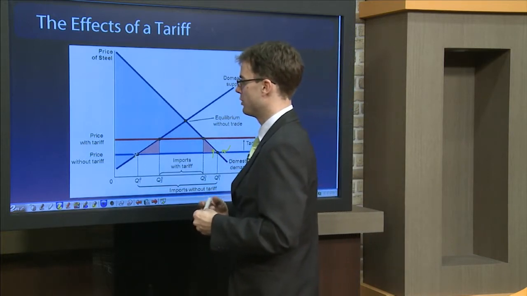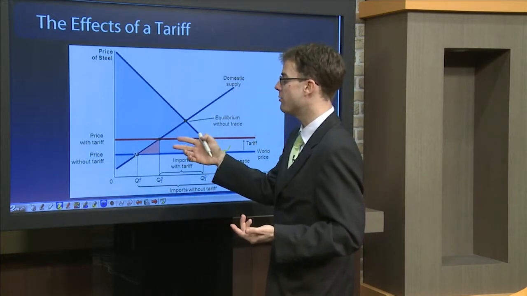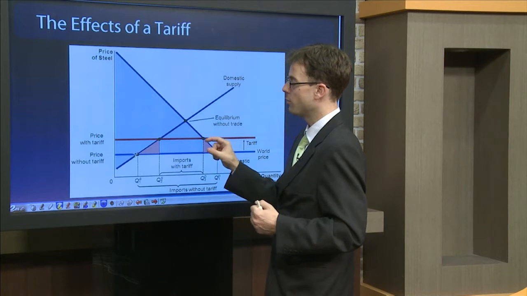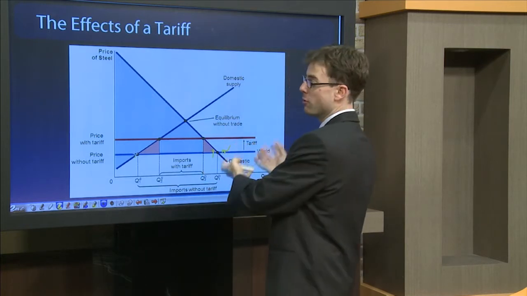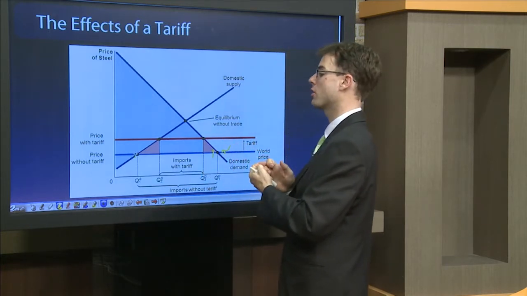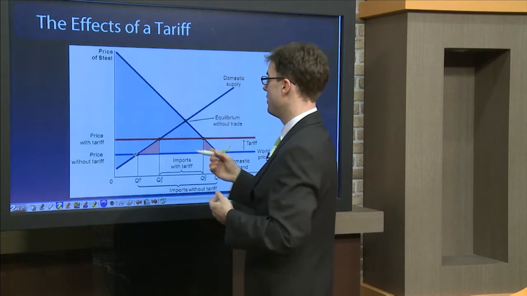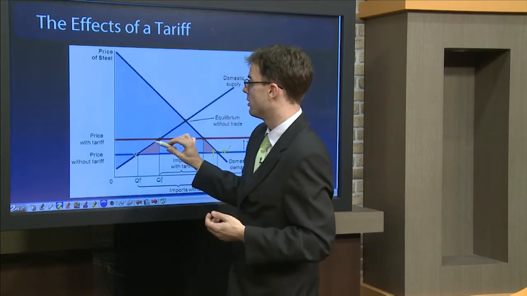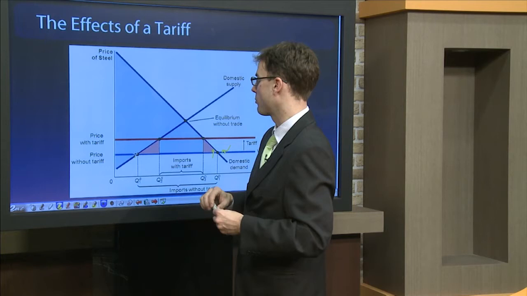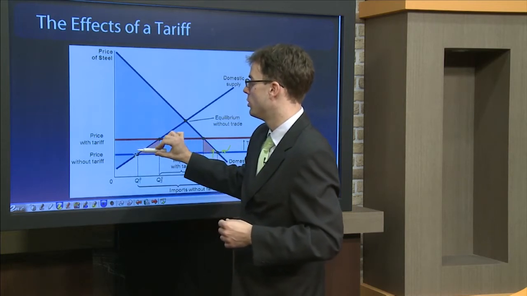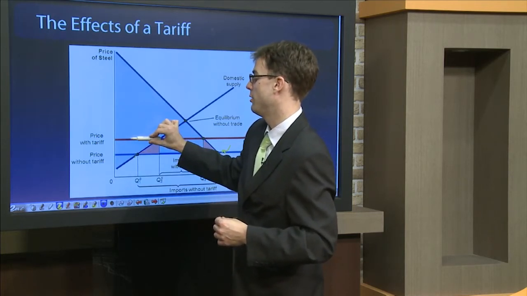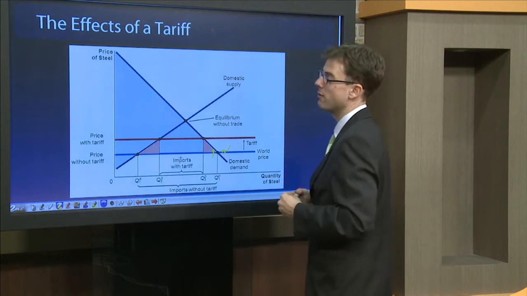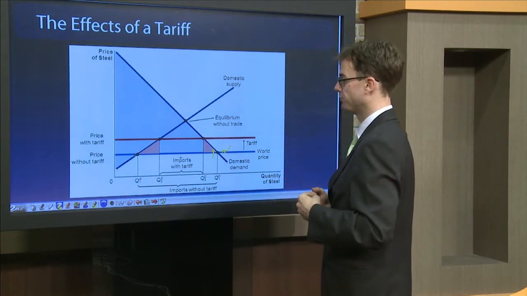And the government decides to impose a tariff so that if producers from other countries want to import their commodity, they would have to pay a fixed amount to the government for every unit imported.